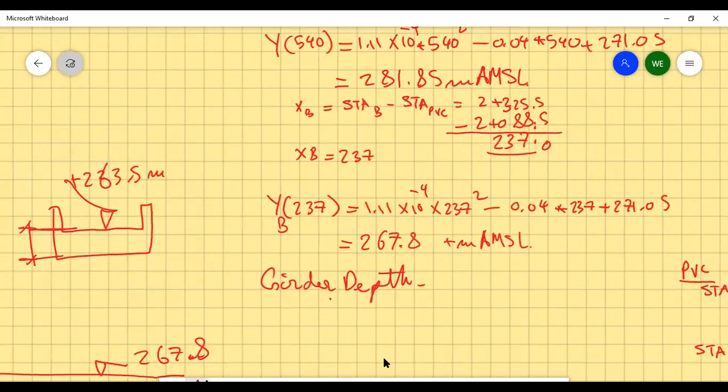Okay, I think this is supposed to be 271 meters.